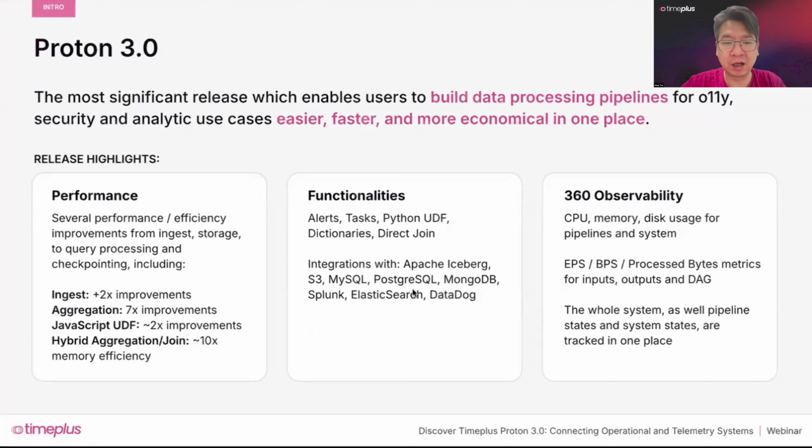Functionality-wise, in this release we shipped most features: alerts, tasks, Python UDF, dictionary direct join, and a lot of downstream and upstream integrations. For example, Iceberg, S3, MySQL, Postgres, MongoDB, and very important for your observability pipeline, Splunk, Elastic, and Datadog integration.